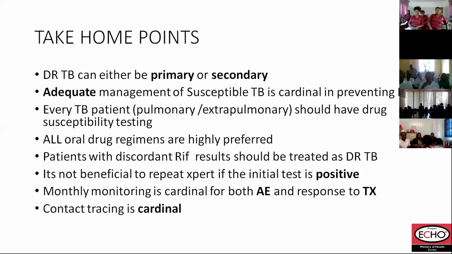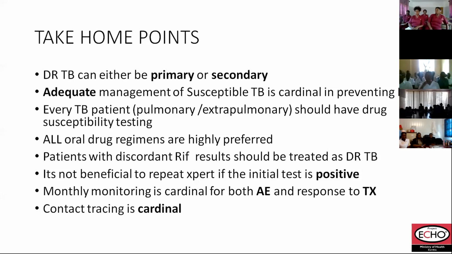The second take-home point is that adequate management of susceptible TB is cardinal in preventing DRTB. If a patient is well supported by us, the healthcare workers, and the family, and this patient successfully takes his first-line drugs, he will not develop drug-resistant TB.